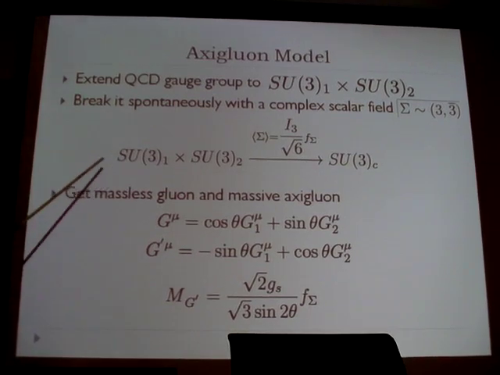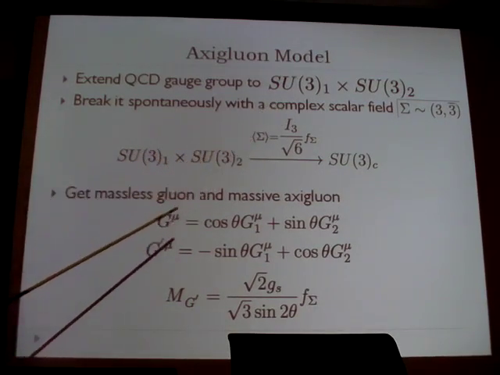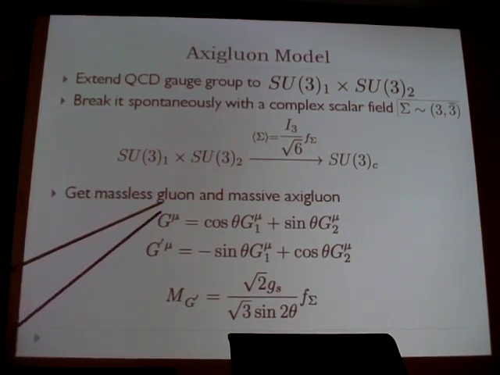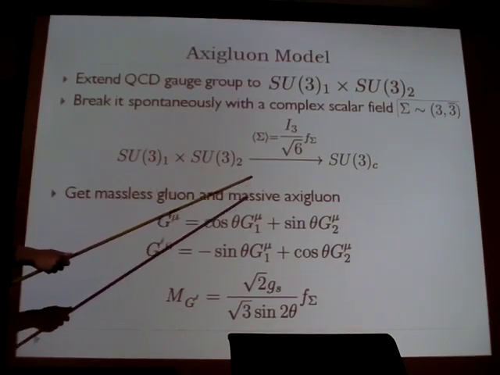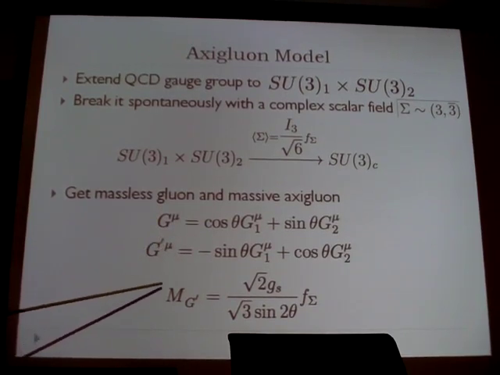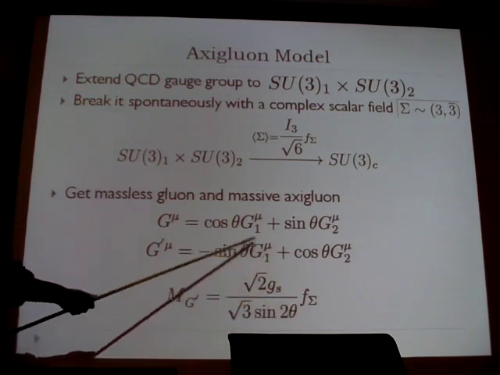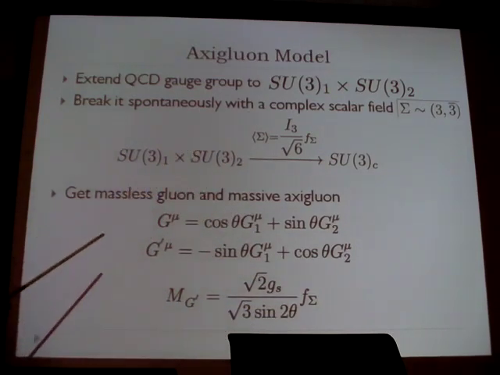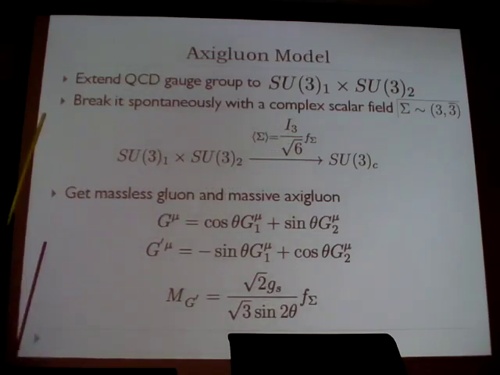We can write down the kinetic term of this new scalar field, and then get a massless gluon and a massive axigluon. The mass of the axigluon is given here. Theta is the mixing angle between these two gauge groups, and f is the vev of the scalar field.